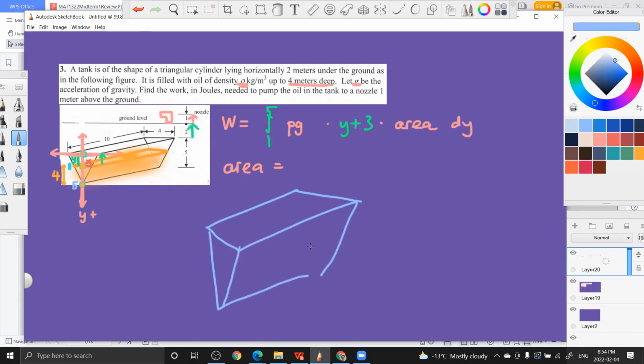It's a rectangle because if you stand here and look down, this is going to be a rectangle. It can't be a square. So it's a rectangle, guys. The area is base times the height.